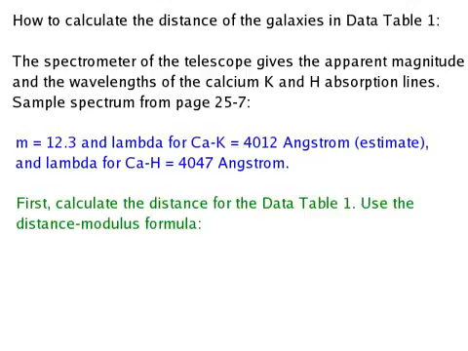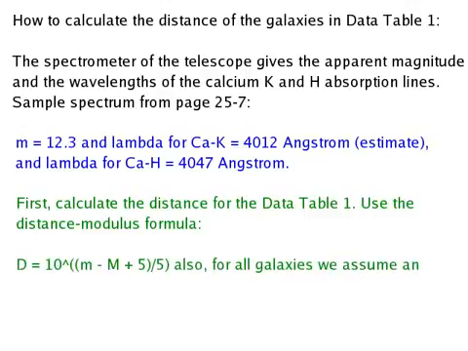So also, for all galaxies, we assume an absolute magnitude of, this is now the absolute magnitude of an entire galaxy were 10 kiloparsecs away from us. And of course, that would be immensely bright. So it's negative 22.